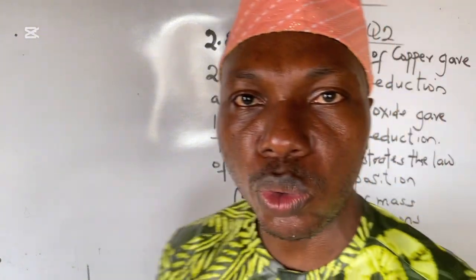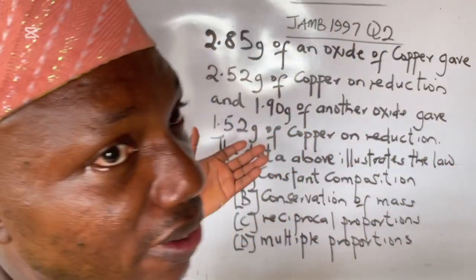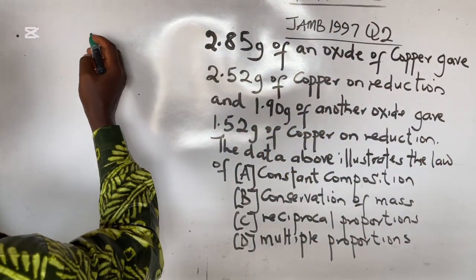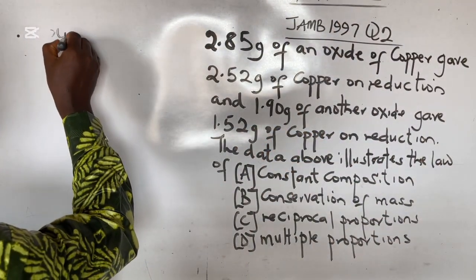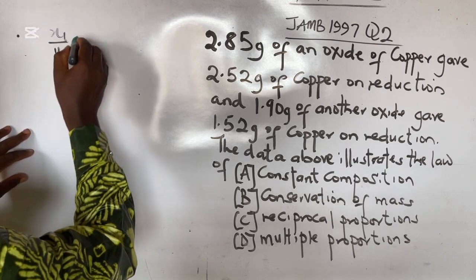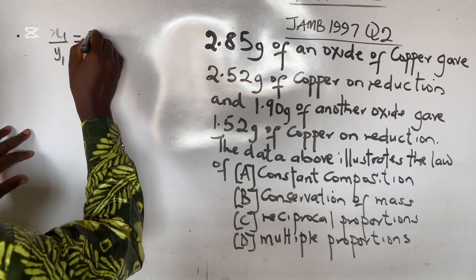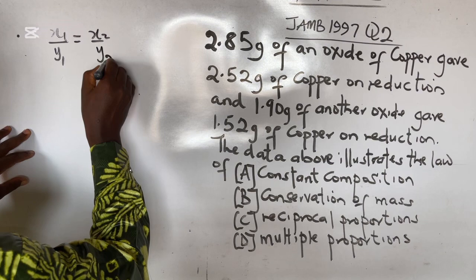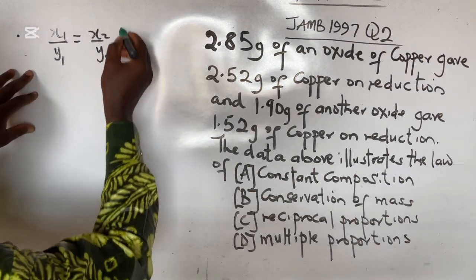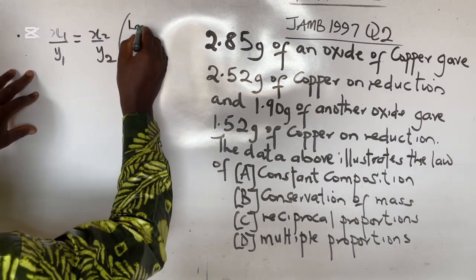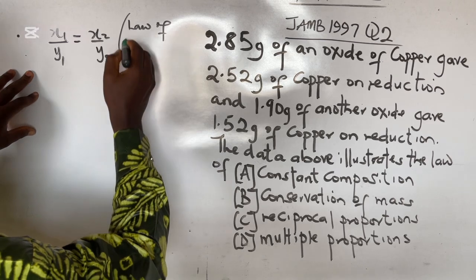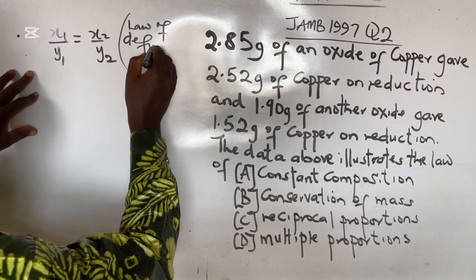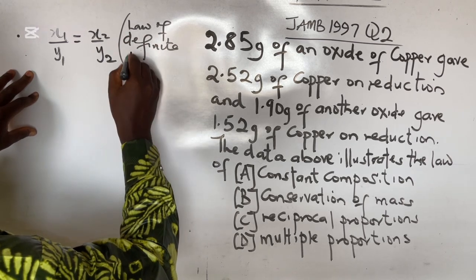The foundation to the solution to this problem is that when we have x1 over y1 equals x2 over y2, if they are equal, then it is the law of definite proportion.